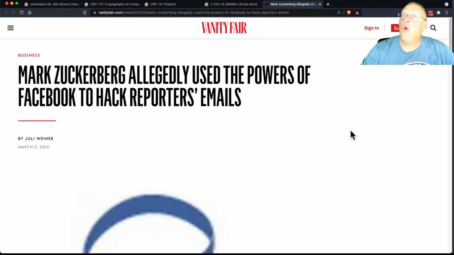So he would record all the password attempts, and he would get their password that way, and that would also be the password to their email, because everybody will try to log in, and when it fails, they'll try their other password, and maybe their other password. So he configured his server to steal the passwords and used it to go into the journalists' emails and steal their emails to find out what they were writing about him, which is fantastically illegal, but nothing happened to him.